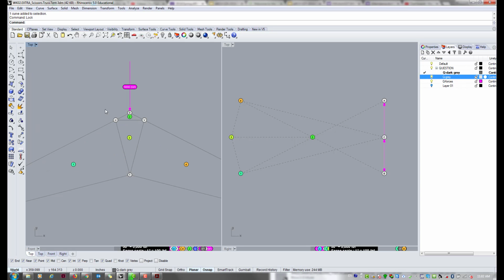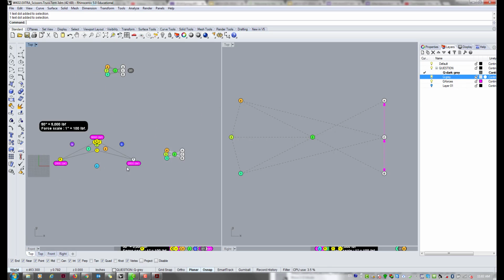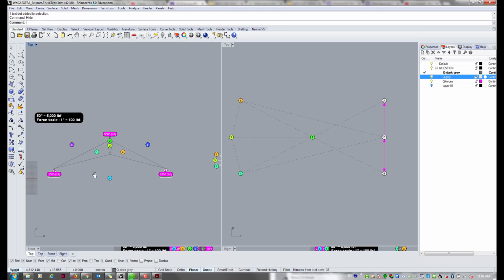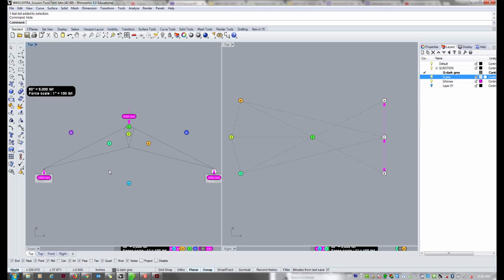Let me also hide the identity of these points for visual clarity. Alright, so now let's see, actually I needed that. Anyway, now let's use this force diagram to determine the internal force of each of these members.